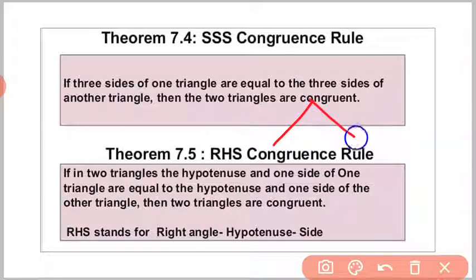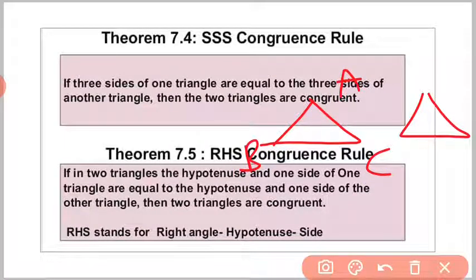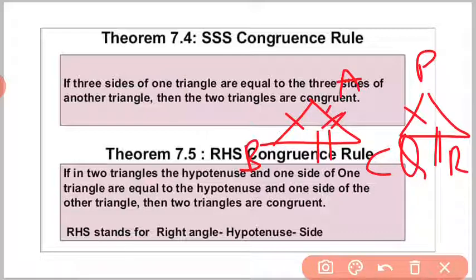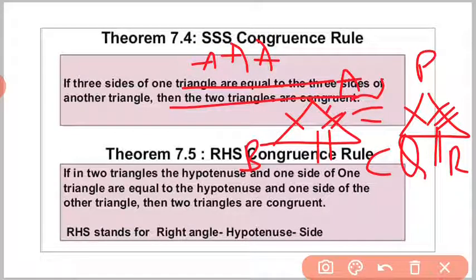It means if there are two triangles, triangle ABC and triangle PQR, and AB is equal to PQ, BC is equal to QR and AC is equal to PR, then these two triangles are congruent. If all three sides are congruent, then the triangles are congruent. But the AAA case is not a congruence rule.